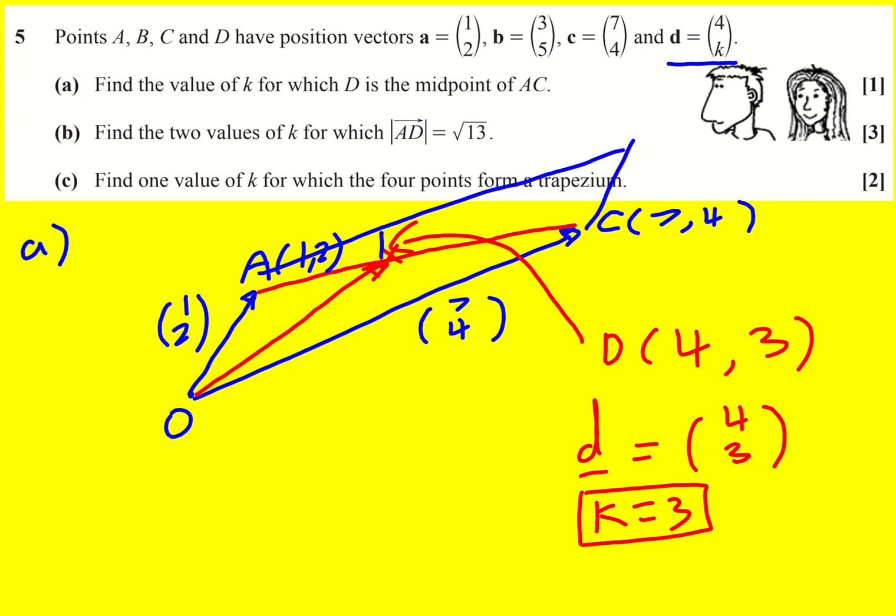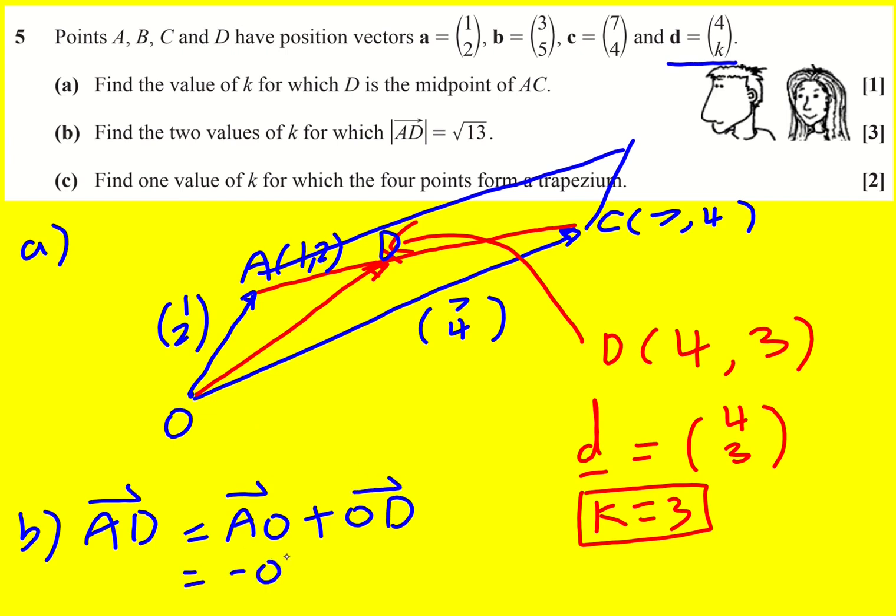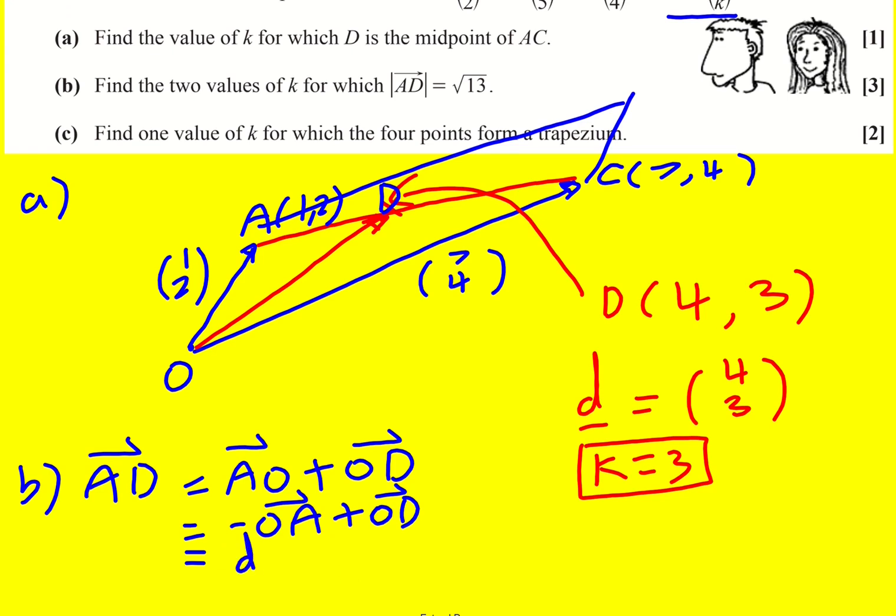So I'm going to label this point D and look at part B, which is to investigate the vector AD. And that means I start at A and I get to D. So actually it's the same as doing AO plus OD, or minus OA plus OD, or D minus A. So, actually, it's worth understanding how to get this.